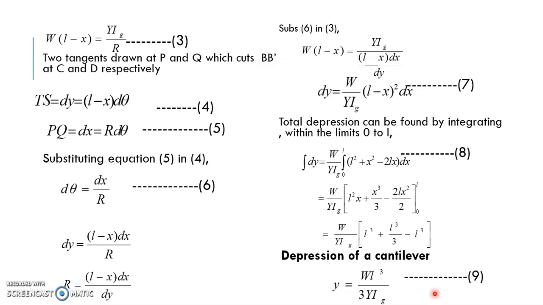We can find the Young's modulus of the beam also. We cross multiply, capital Y that side, small y to the denominator, and we get capital Y is equal to WL cube by 3 small y IG. This is the depression of a cantilever and Young's modulus of the cantilever method.